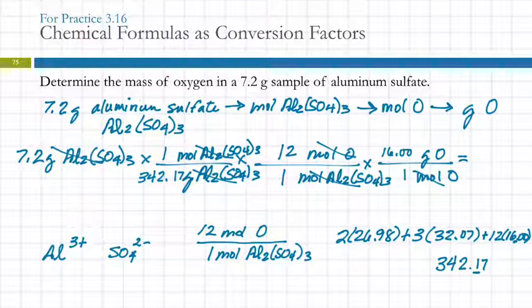And I think the best way is to start at the left. 7.2 times the top, divide by the bottom, times the top, divide by the bottom, times the top, divide by the bottom. And of course, if you're multiplying or dividing by ones, you're welcome to skip those. But if that bothers you, you're welcome to punch them in as well. 342.17 times 12 times 16.